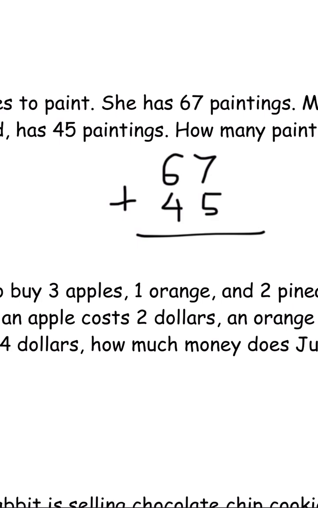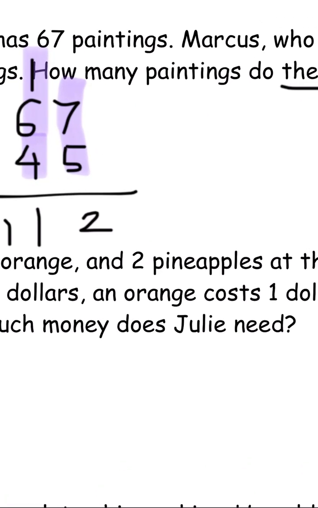We do 7 plus 5. 7 plus 5 is 12. We put 2. And the 1 goes up. Now we have 1 plus 6, which is 7, plus 4 is 11. So that would be 111 paintings.